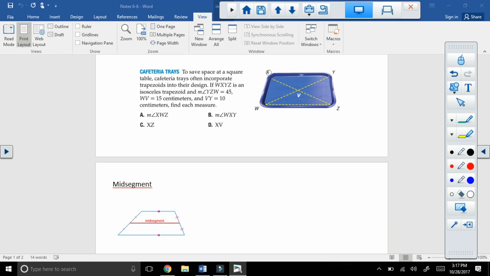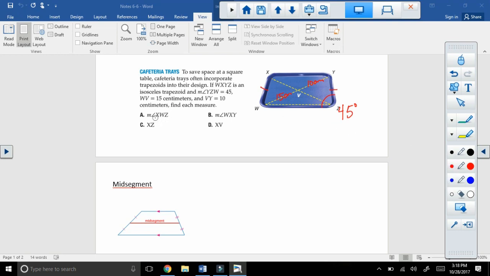So if W, X, Y, Z is an isosceles trapezoid, I'll just go ahead and mark that, and angle Y, Z, W, so this whole angle here, is 45, and it says that WV is 15 centimeters and VY is 10 centimeters. We want to go through and answer the rest of these questions.